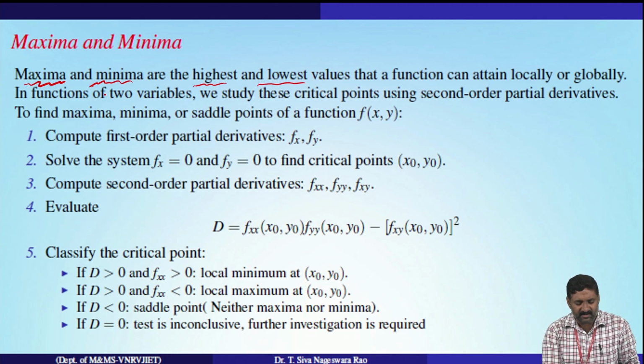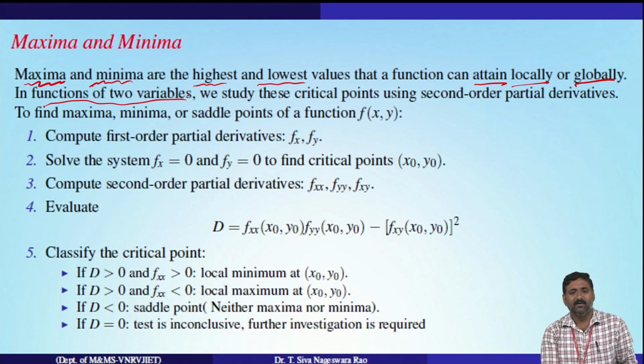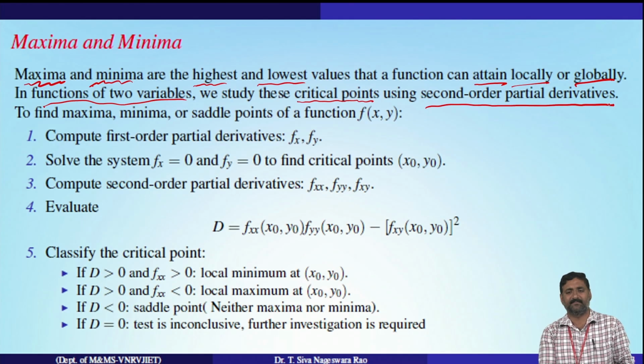So, the maxima and minima are the highest and lowest values the function can attain locally or globally. In a function of two variables, we study whether the function has maxima, minima, or neither at critical points by using second order partial derivatives.